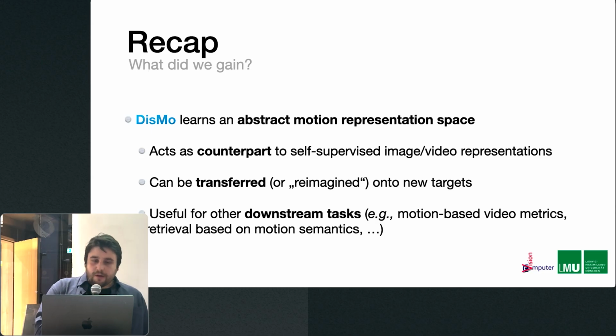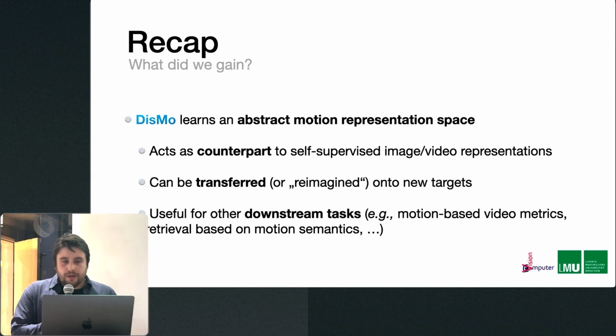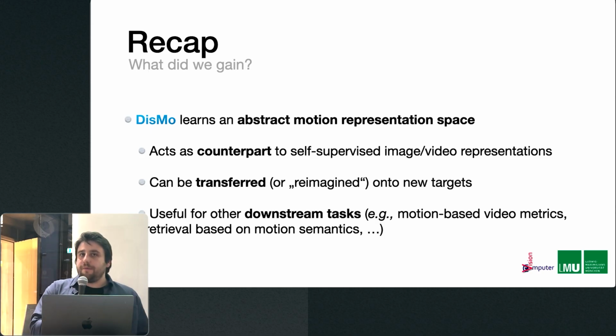Possible other downstream tasks that could be thought of are what I just said. Video metrics and video datasets are often very appearance-heavy. And for example, for the prompt adherence metric that I've talked about before, a CLIP representation space was used to measure how similar the content is.